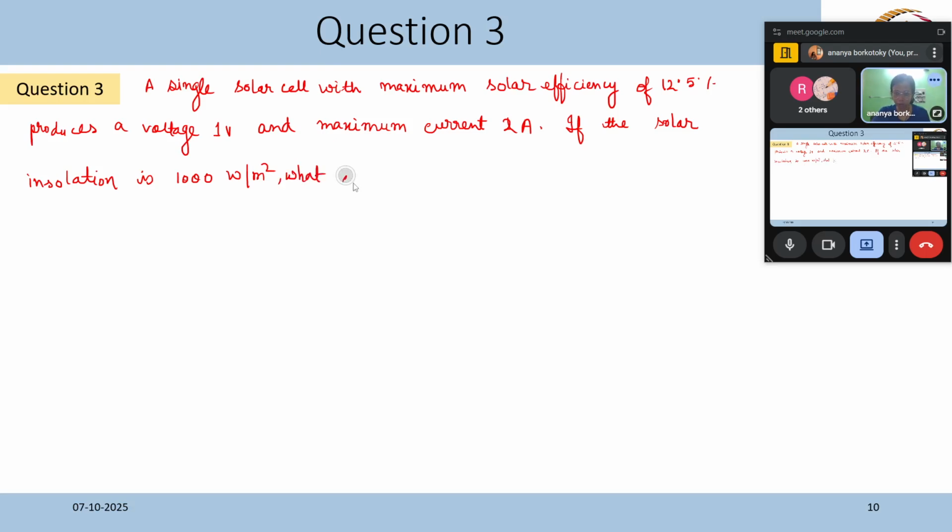What could be the area of the solar cell in centimeters square? Options: 360, 1600.